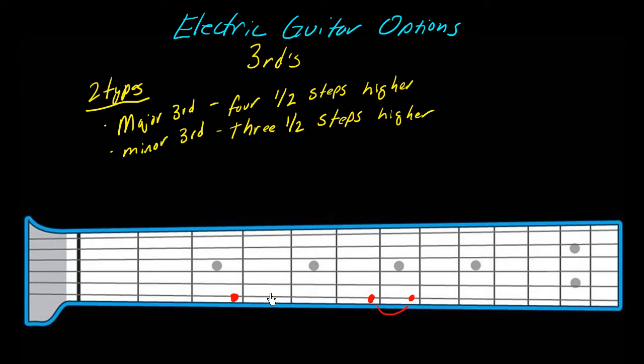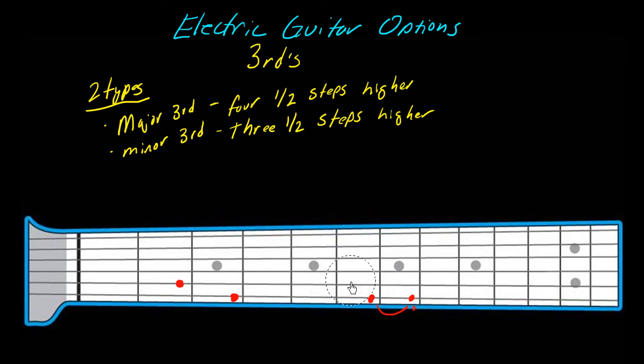And obviously if you're playing it on the same string, you can't do that. So what I would have to do is move these thirds from this E string to the A string. So if I were to play this major third up on this string, the pattern would look like this. These 2.